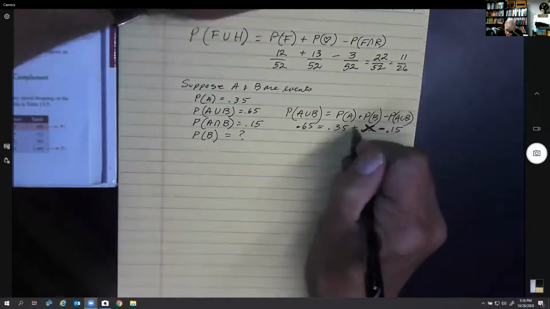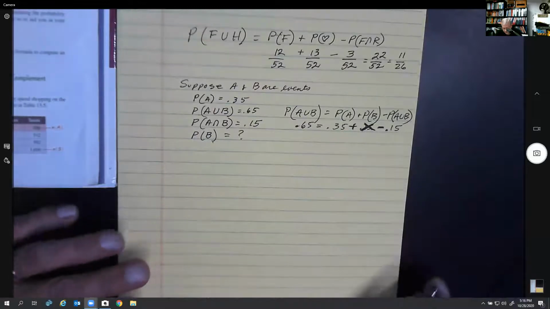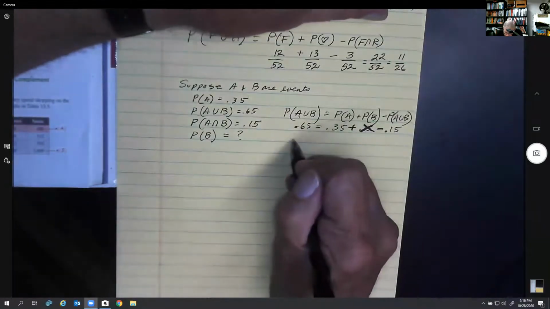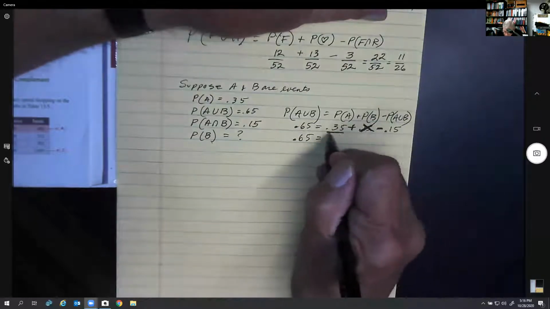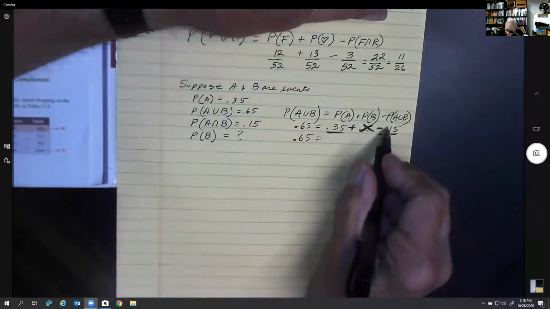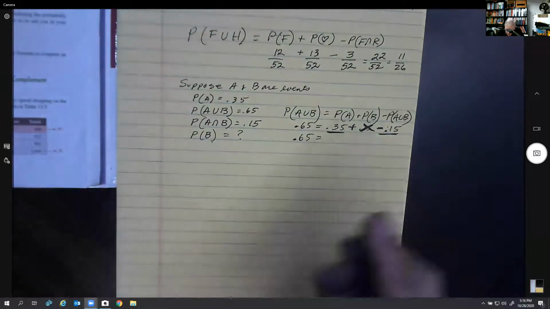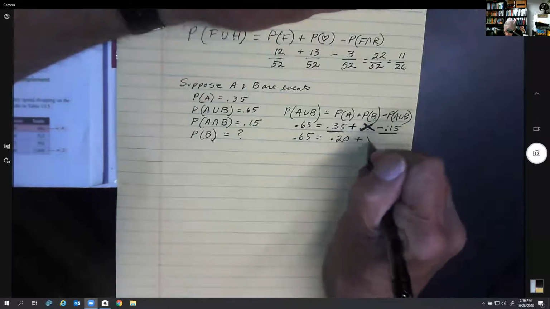So what we're going to do is form an equation. Don't panic. Okay, so 0.65 is equal to, we're going to combine 0.35 minus 0.15. What would that be? That would be 0.20 plus x.